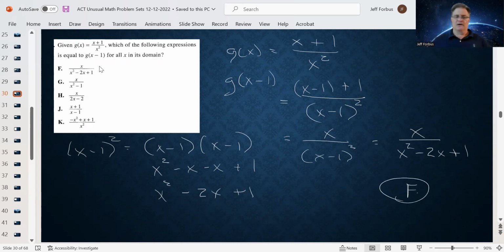Now, let me try to hit on a few things here for your future use. A lot of people will look at the binomial and they'll see the 2 for the power, and they'll just distribute it to the x and the 1. Don't do that. That's not right. What we have here is a binomial squared.